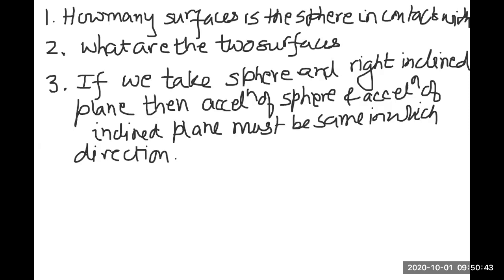Read the question. Very good, Paul. If we take the sphere, I will draw it here for you. This is the sphere, and this is the incline. And I have told you that the incline is moving like this.